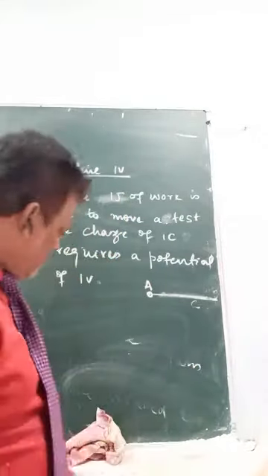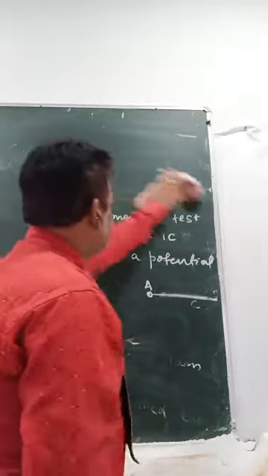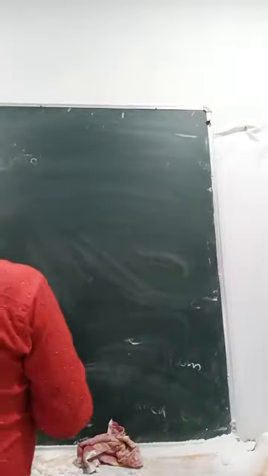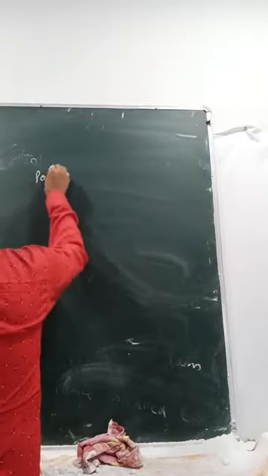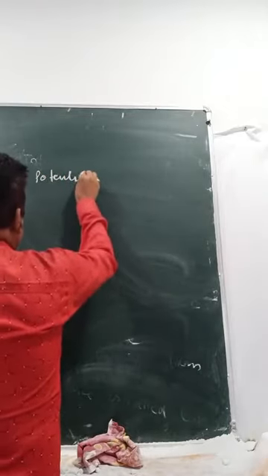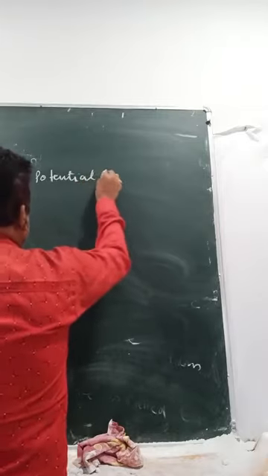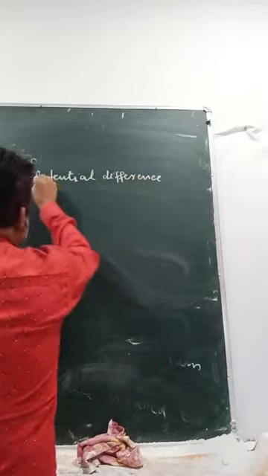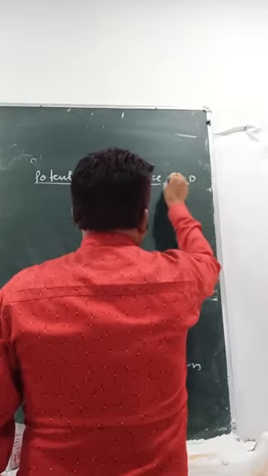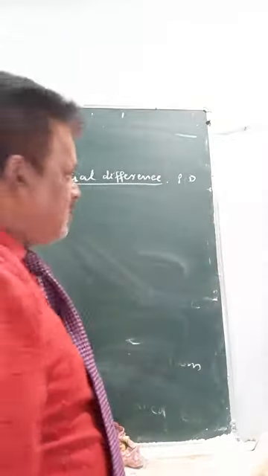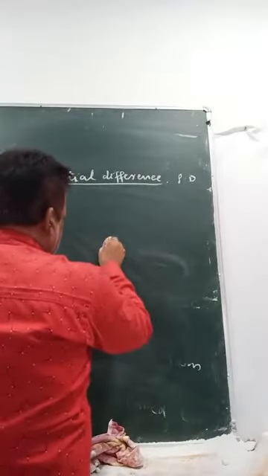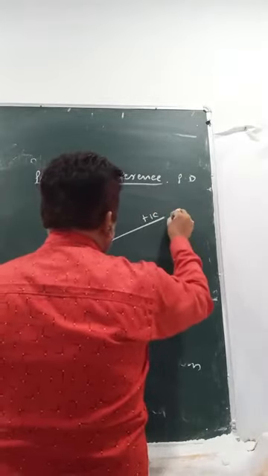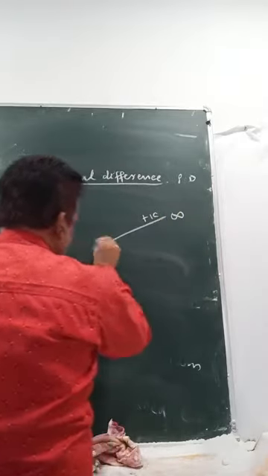Now, what is potential difference, that is PD? In potential, you do the work to bring a test positive charge of 1 coulomb from infinity to this point.